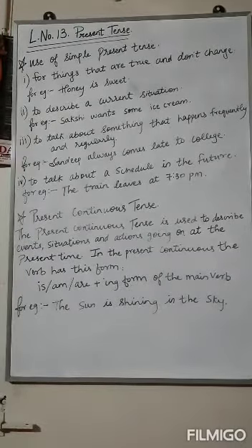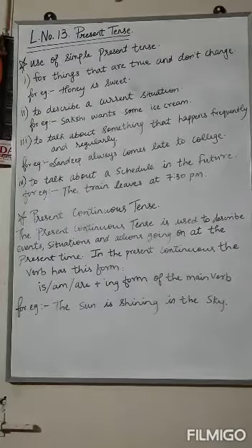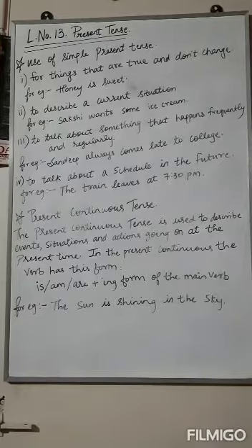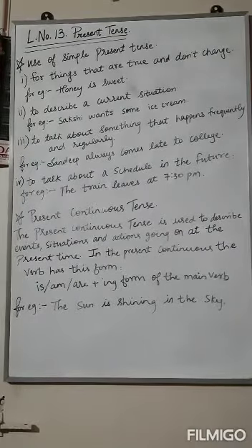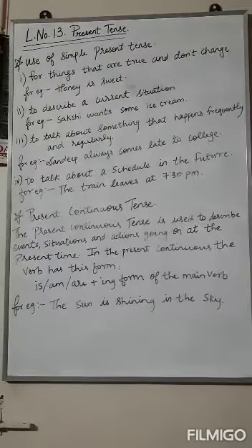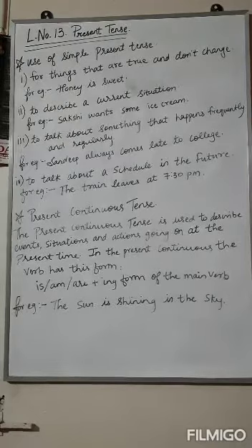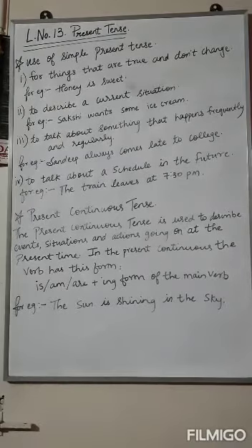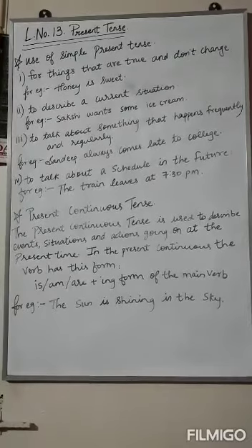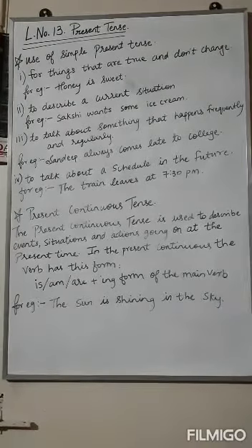Now sometimes you are also late to school. Same way here in this example, Sandeep always comes late to the college. It is also used to talk about a schedule in the future. For example, the train leaves at 7:30 p.m. In this way you can use the simple present tense.